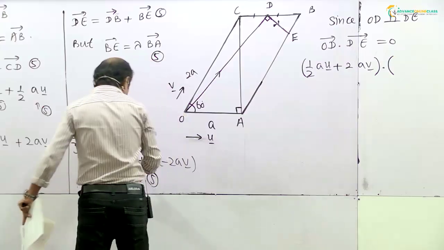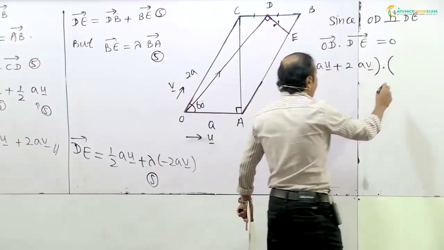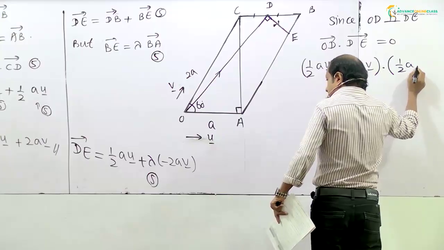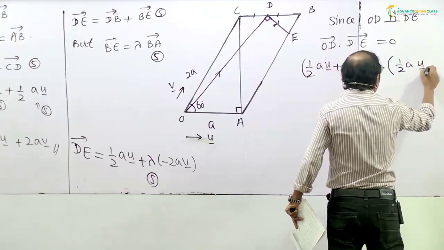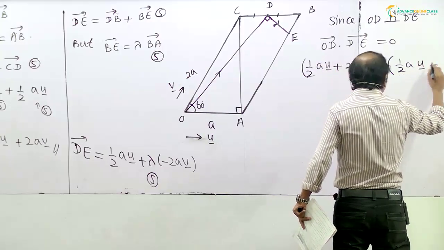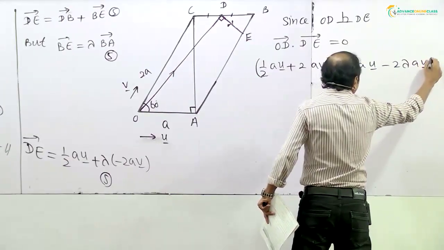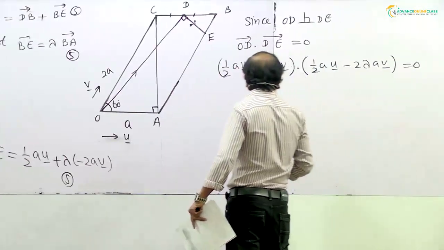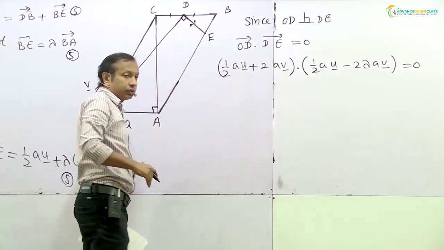DE is this, half aU minus 2 lambda aV, should be equal to 0. Correct, no?